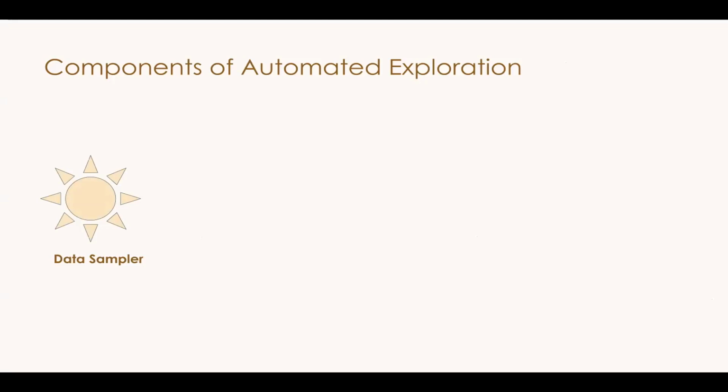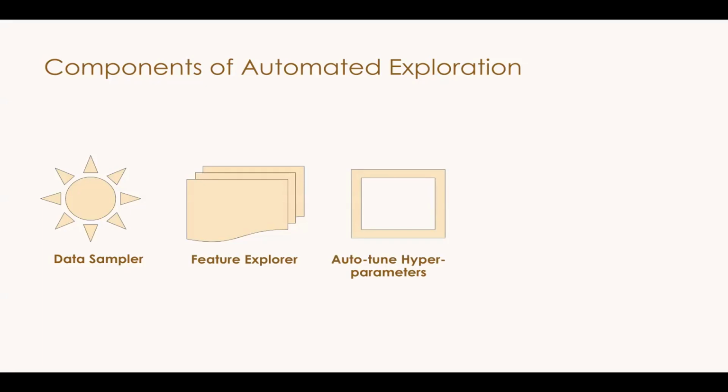Second, we need a feature exploration component to explore many feature sets in parallel and identify useful features based on, say, L1 regularization or other statistical techniques. Third, automated hyperparameter tuning. As the name suggests, to automatically tune hyperparameters, instead of exploring them manually.